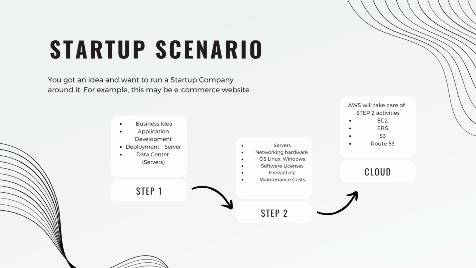We are going to use those services to deploy our application, configure it, and based on our load, we can increase the servers as well. So, in a nutshell, we are outsourcing these IT activities to AWS.